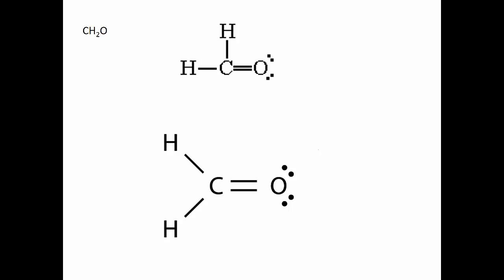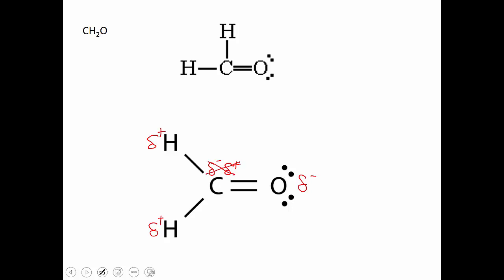When we go to determine polarity, I'm going to do the deltas first and then we'll use the arrows. So we need to evaluate each bond at a time. So let's look at the bonds between C and H. We know that carbon has a higher electronegativity than hydrogen, so we're going to have a partial negative here and a partial positive near each of our hydrogens. And between the bond between carbon and oxygen, oxygen's more electronegative, so that will have a partial negative, and the carbon will have a partial positive.